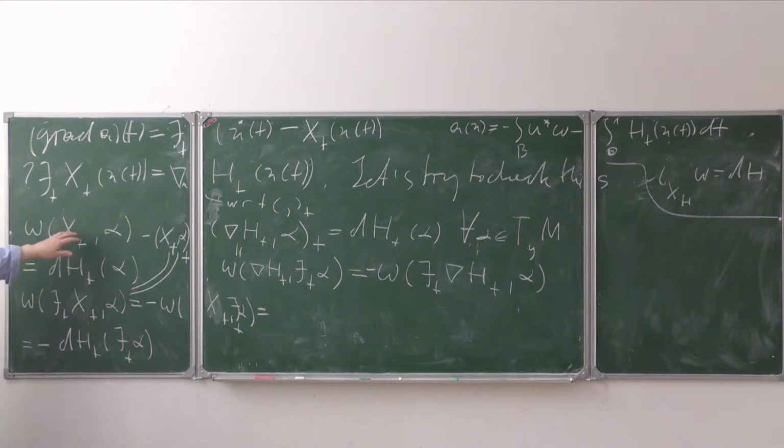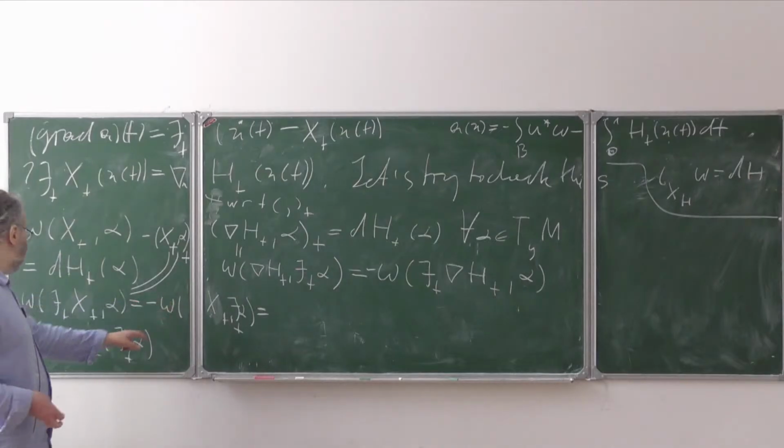Well, here is the definition of x_t. By the way, is there another same problem? No, it looks like. Okay, so this is the definition of x_t. Okay. Now, omega of this is equal to this is equal to this.